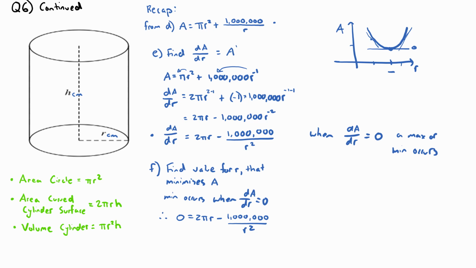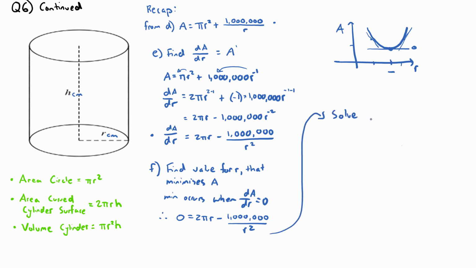From here we can rearrange our equation to solve for r. We have one equation and one unknown, r. So I'll give myself a bit of room here. Let's get rid of this. Bring this up here.